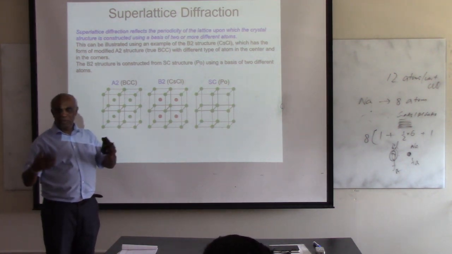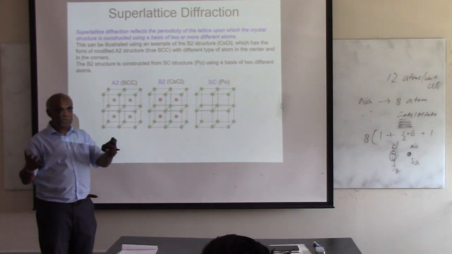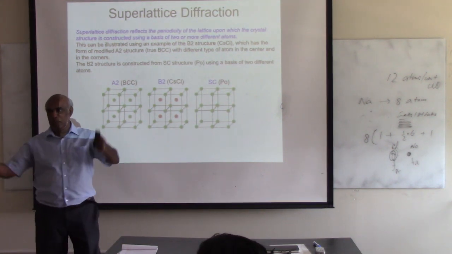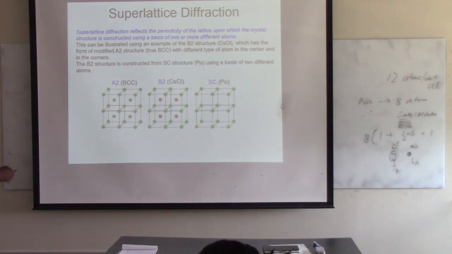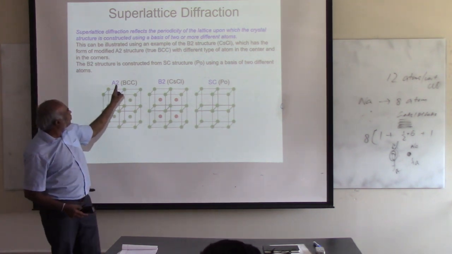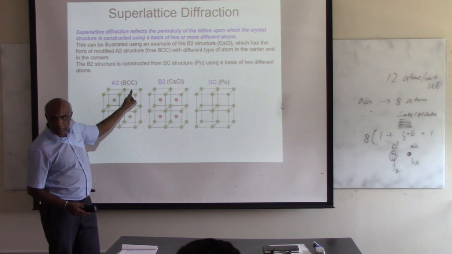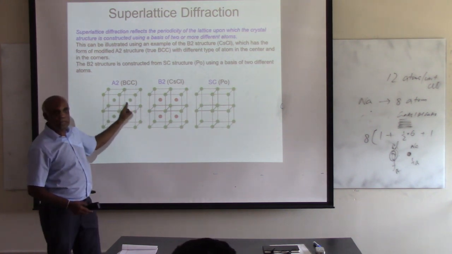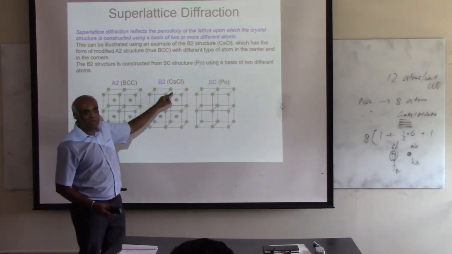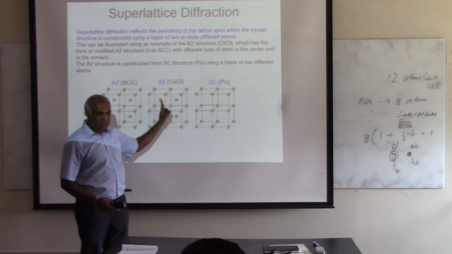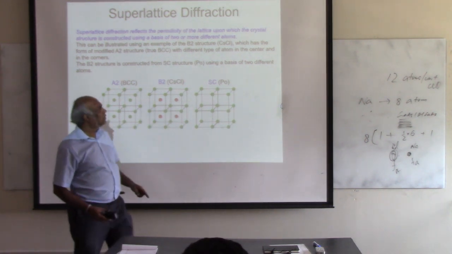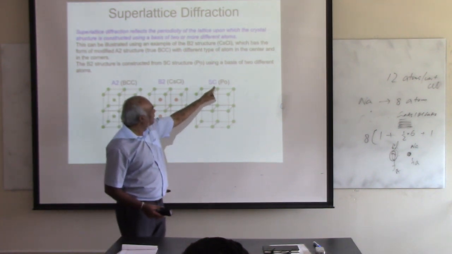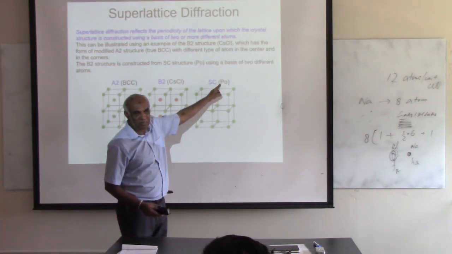For example, A7 is for black phosphorus, A17 is for blue phosphorus, and different things. But here I just want to show A2 means BCC with the same atom, right? So B2 means it has a BCC structure, but with different atoms. Simple cubic, we know that's the only one with one atom, polonium.